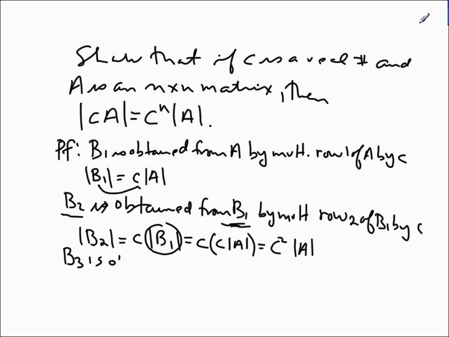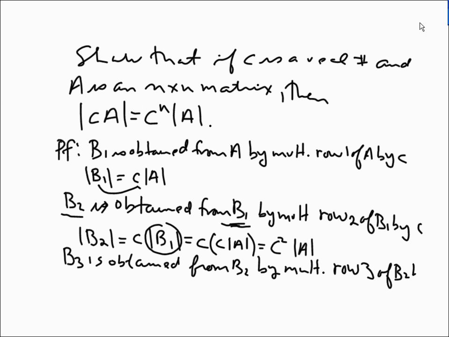B3 is obtained from B2 by multiplying row 3 of B2 by C. So the determinant of B3 is C times the determinant of B2.